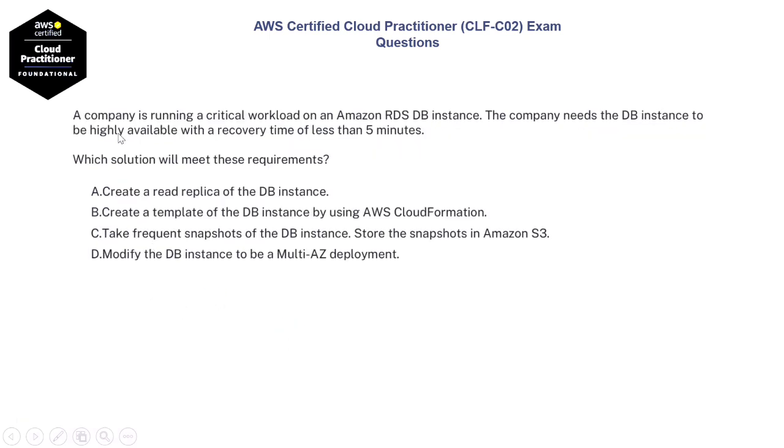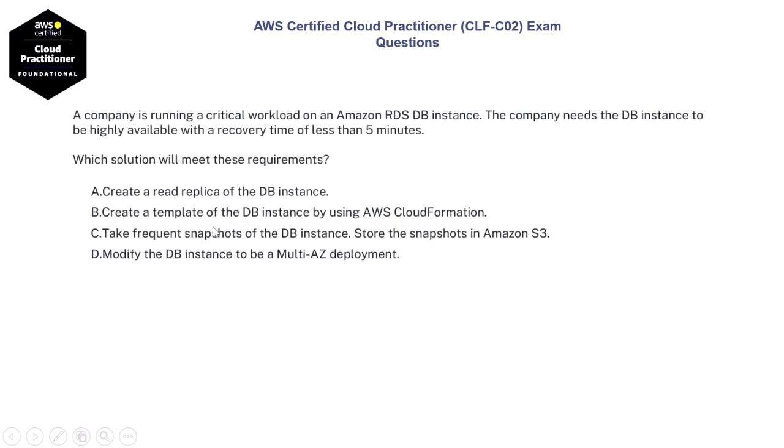Next question. A company is running a critical workload on an Amazon RDS DB instance. The company needs the database instance to be highly available with a recovery time of less than 5 minutes. Which solution will meet these requirements? Option A, create a read replica of the DB instance.